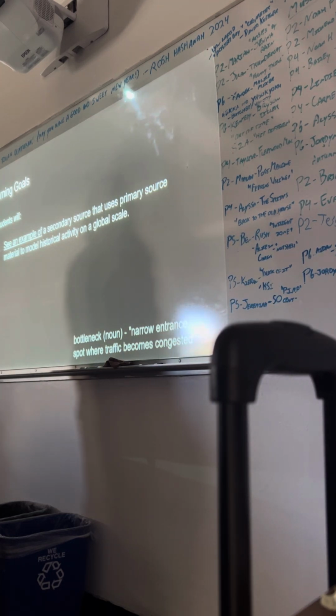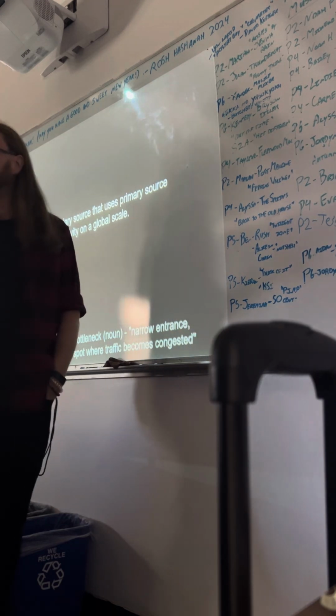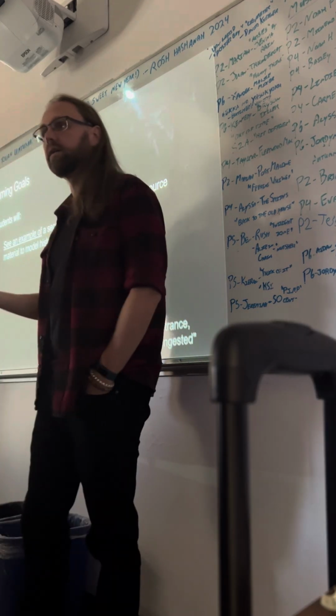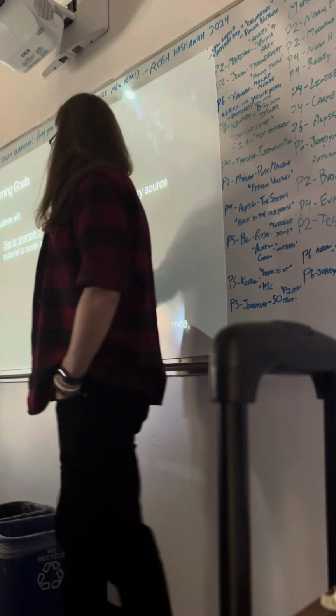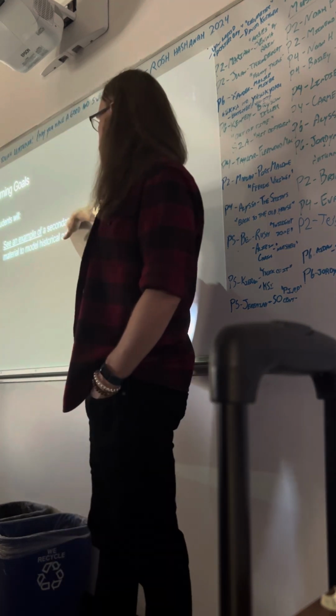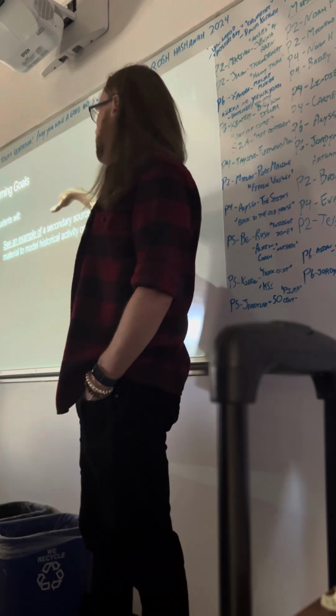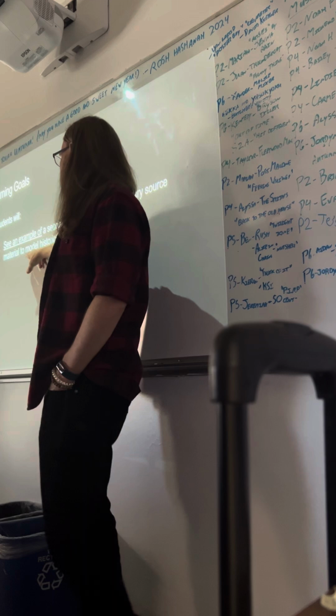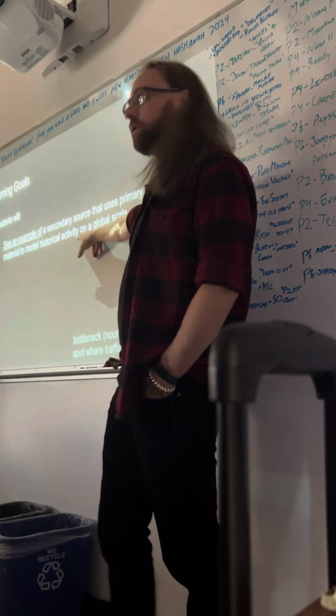A secondary source is something in our era. So a historian writing an argument is a secondary source. The primary source might be the letters that the historian read to write the argument. This secondary source, the current day thing, is using the primary source material, and it's modeling historical activity.